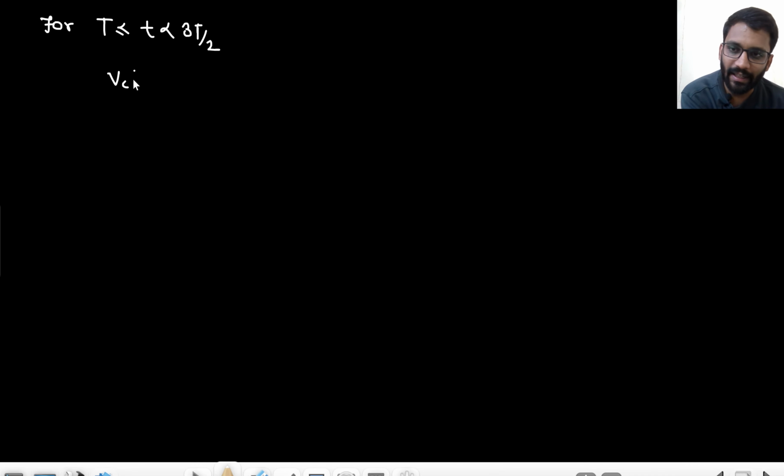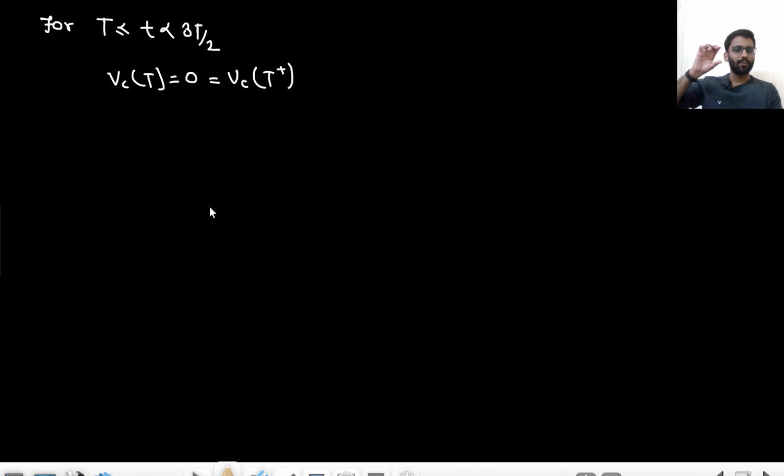Now what will happen for t to 3t by 2? For time t to 3t by 2, what will happen? First thing is that Vc at t is 0, that would be equal to Vc at t plus, or V0 you can say. So now the capacitor is having 0 voltage and again Vin is 5 volt, right?